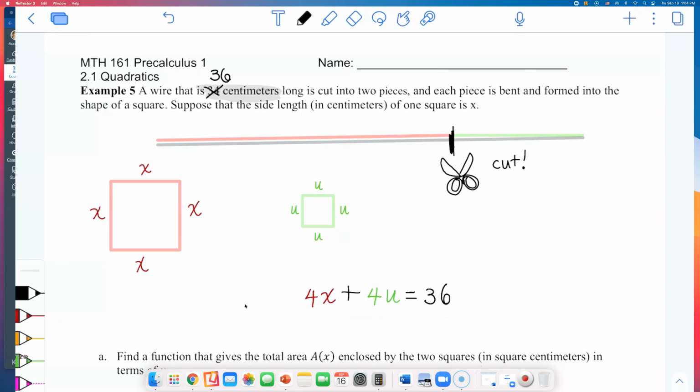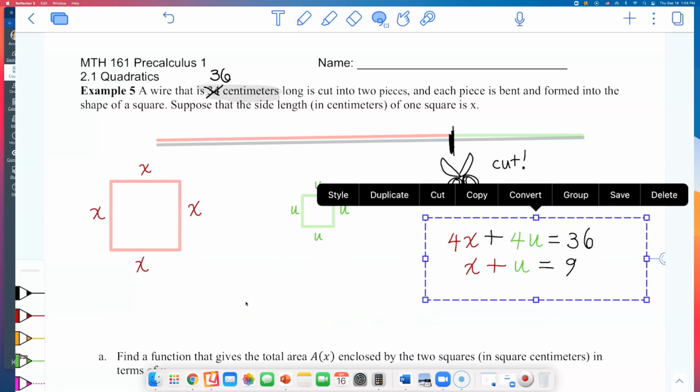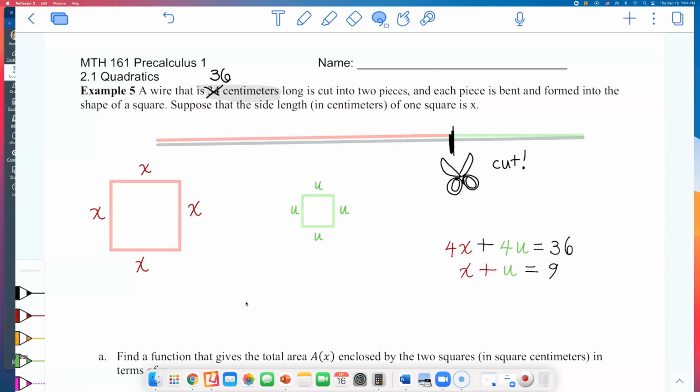Why did I do that? Because I was just going to divide everything by 4 and get x plus u equals, what number? 9. I can divide everything by 4, right? And get x plus u equals 9. If I subtract x from both sides, I can say that u must be equal to 9 minus x. So I know how long that little measure is.